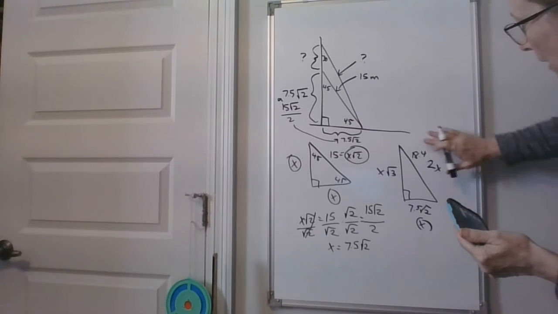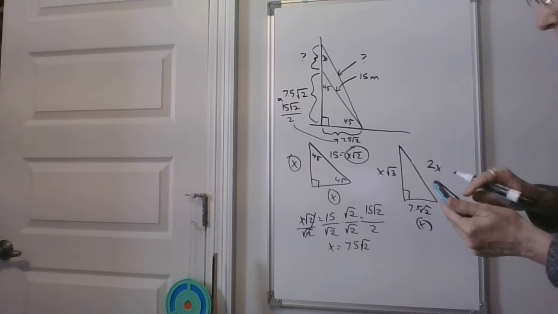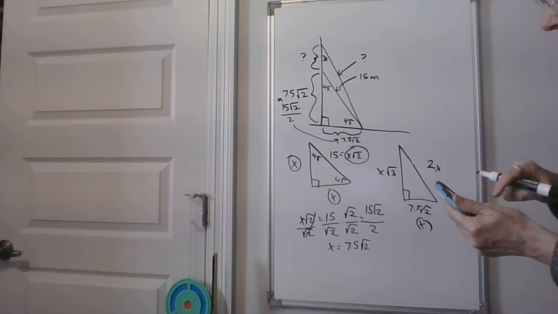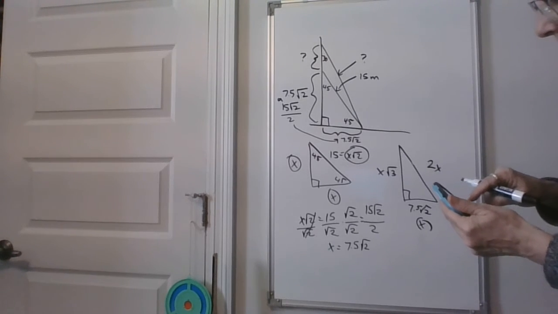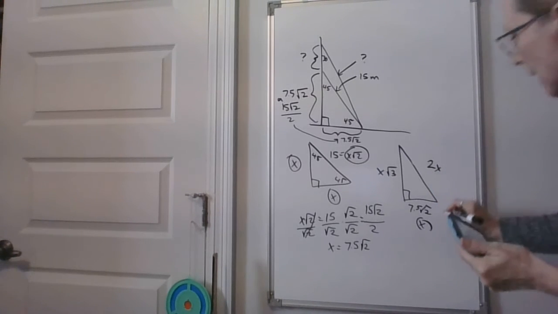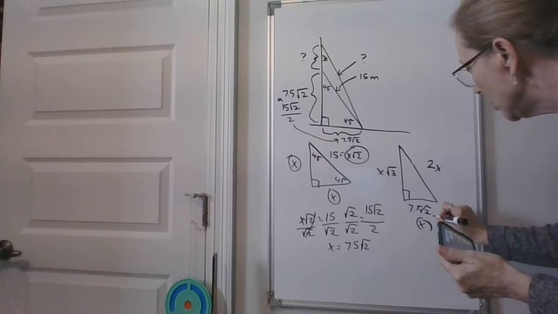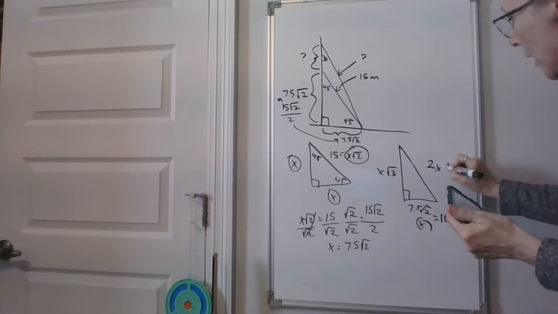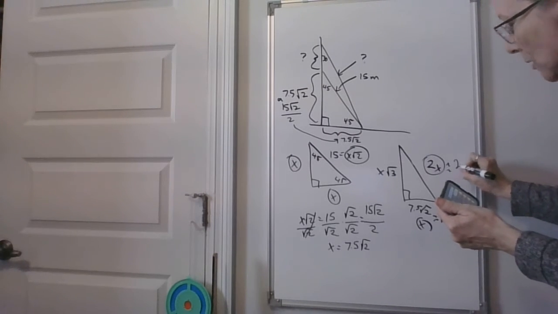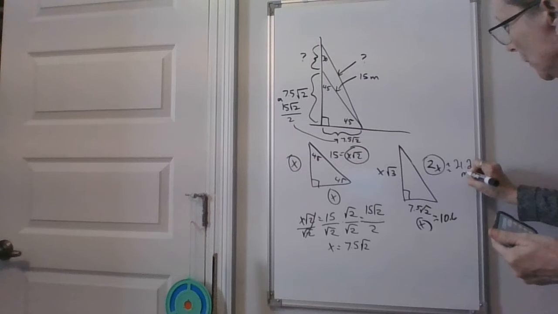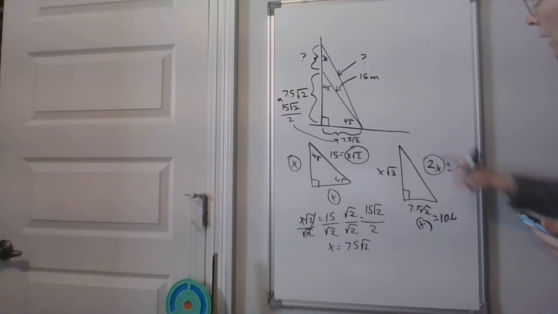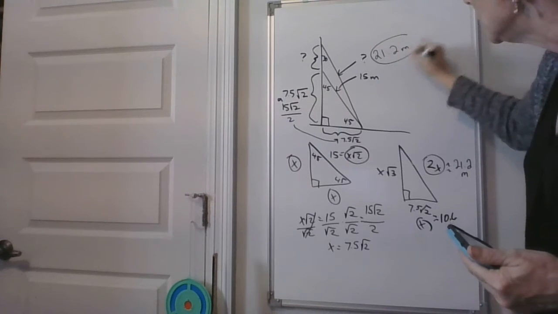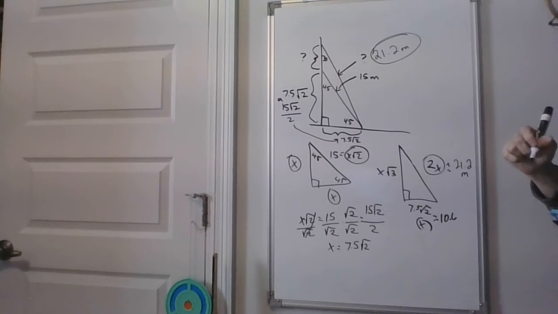I noticed that root 2 times 7.5 actually comes up to 10.6. My apologies. And then we double it, times 2. I hit a wrong button on the calculator the first time. So 21.2 meters. So that will give you this value, 21.2 meters for that hypotenuse, the length of that brace.